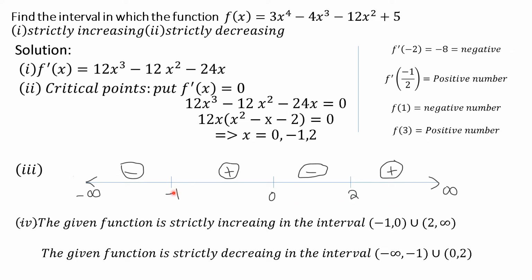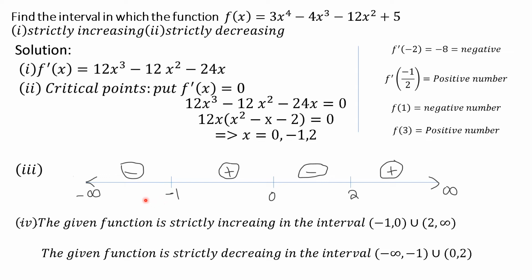Before going to the fourth step, see here: we have 3 critical points, and I divided the real line into 4 distinct intervals.